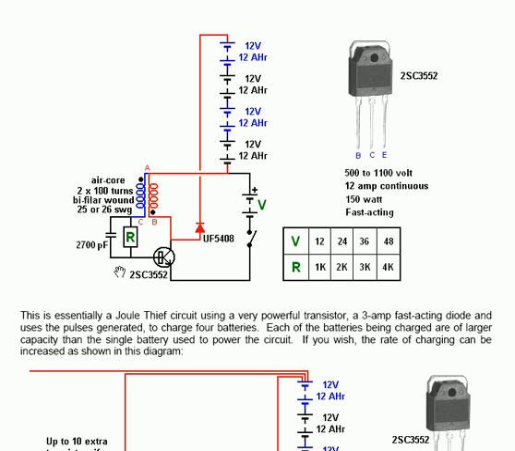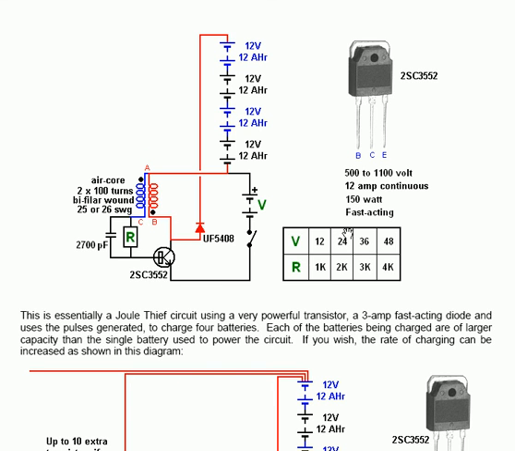The drive battery can be as big as your transistor will manage. This particular transistor he's chosen is a 2SC3552 transistor. That's a very powerful transistor indeed. It can handle anything from 500 to 1100 volts. It carries 12 amps continuously.